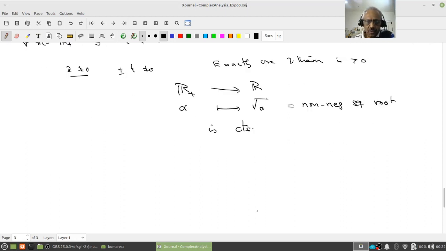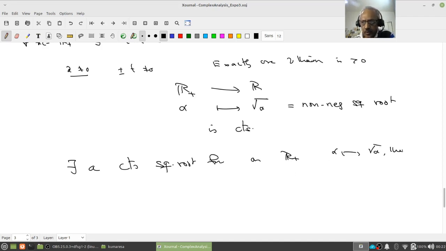So there exists a continuous square root function on R plus, taking alpha to the square root of alpha, which is the unique positive square root if you want. And this is continuous.